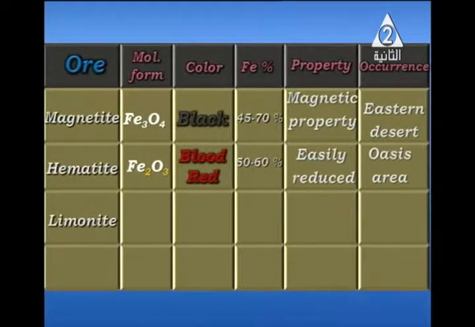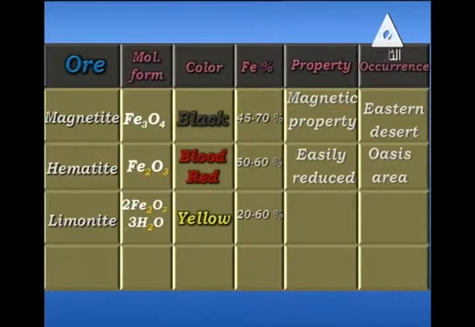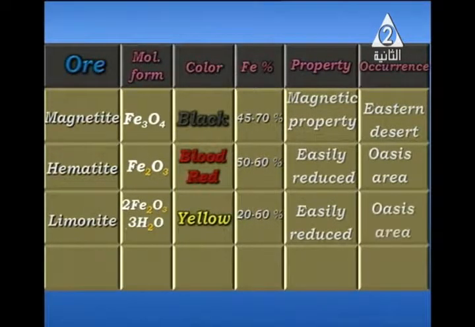The third type of ore is called limonite, has molecular formula 2Fe2O3.3H2O and has chemical name hydrated iron 3 oxide. Its color is yellow. The percentage of iron ranges from 20 till 60%, and it is easily reduced, and it is found in oasis area.